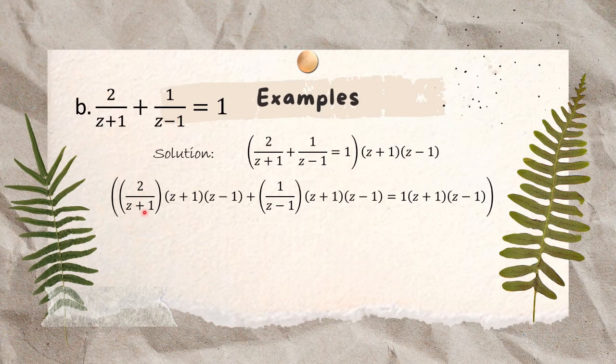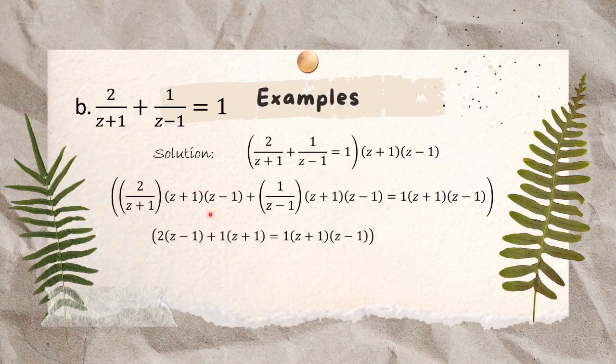We have 2 over z plus 1 times the quantity z plus 1 times z minus 1, plus 1 over z minus 1, so this is the term, times the LCD z plus 1 times z minus 1, which is equal to 1. So we're going to multiply the LCD z plus 1 times z minus 1 also.